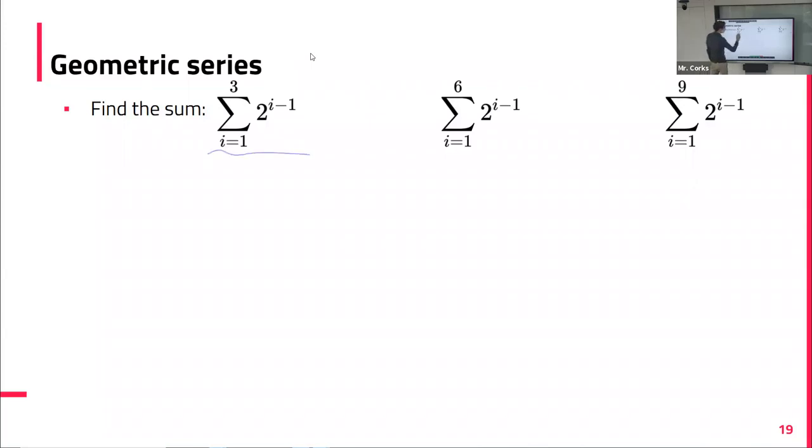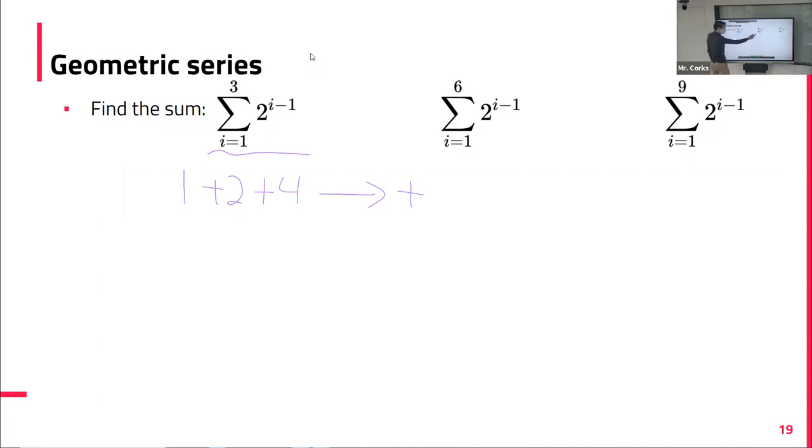For this one on the left, what are the terms? What's the first term? 1. Next term? 4.